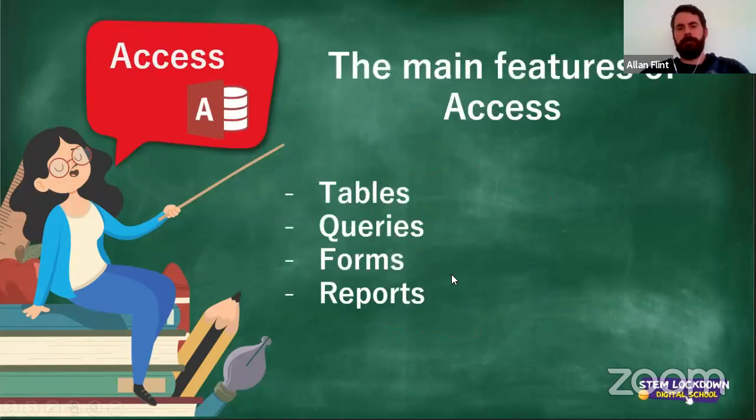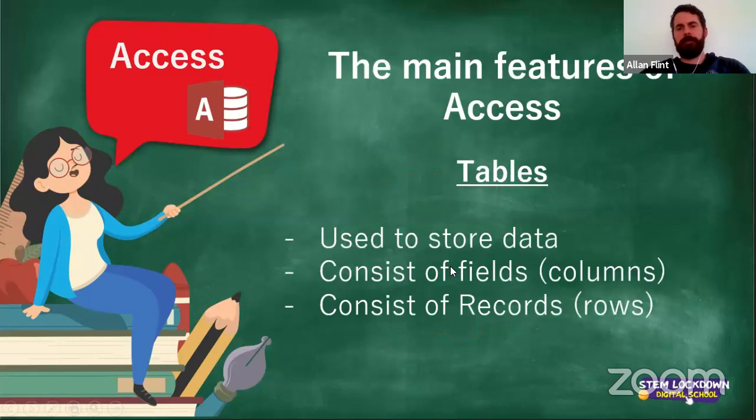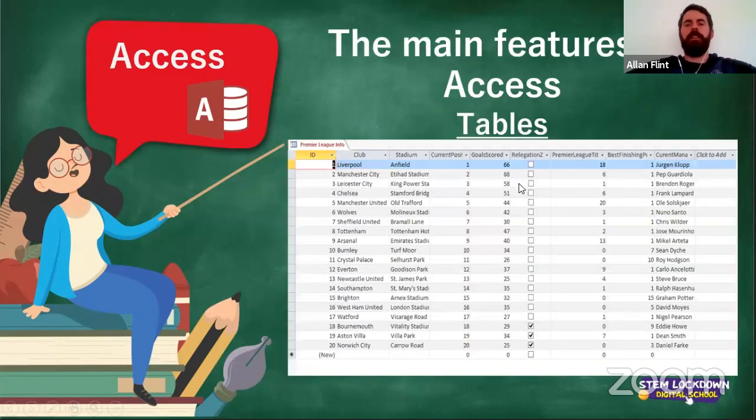This is an example of what a table looks like. Just a reminder that this is an example of what a database would look like, and inside that database is this table. We went over it previously.